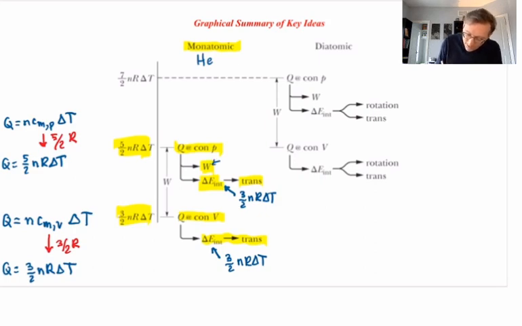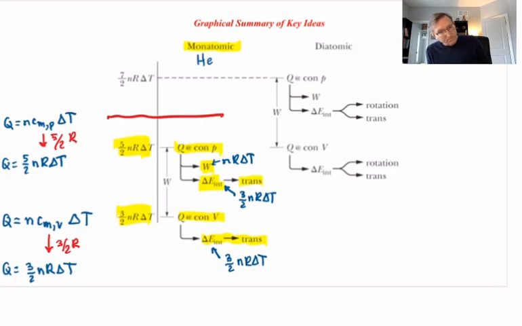And therefore the work must be nR delta T, so that I have 3/2 nR delta T plus nR delta T to get the total Q, 5/2 nR delta T. And that's all that can happen. So full stop for monatomic gases. They can only translate. And that's it.